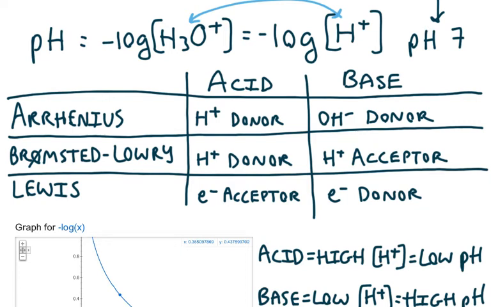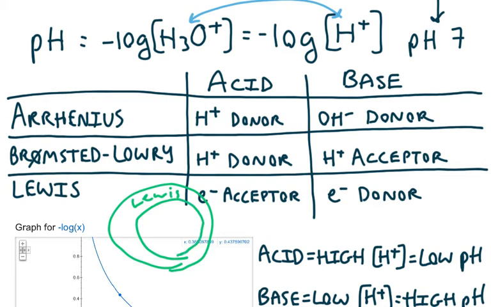So the way that these definitions kind of work is that the biggest umbrella is the Lewis acid and base definition. Within the Lewis acid and base definition is the Bronsted-Lowry acid and base definition. And then within that is the Arrhenius definition.